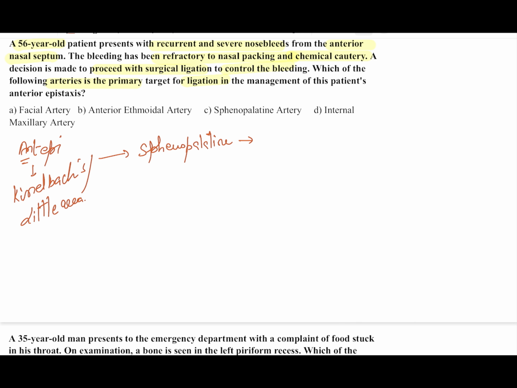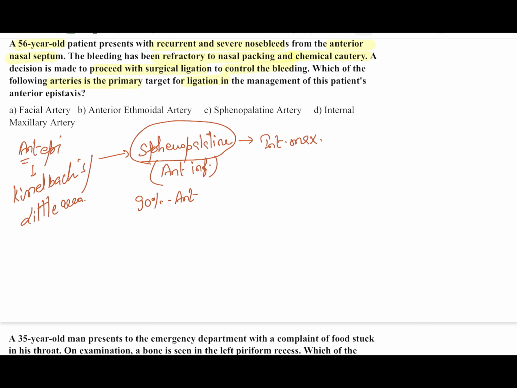This sphenopalatine is the terminal branch of the internal maxillary artery, and it majorly supplies the nasal cavity, including the anterior nasal septum. It is the major contributor of Kiesselbach's plexus, or Little's area, which is present anteroinferior on the nasal septum. About 90% of cases of anterior epistaxis are because of the sphenopalatine artery.